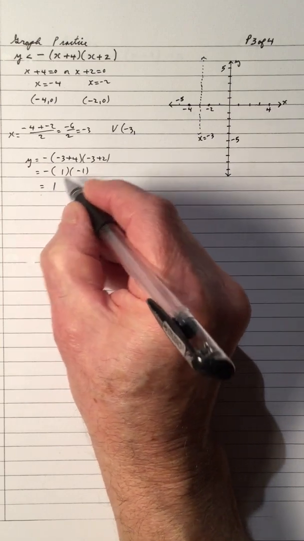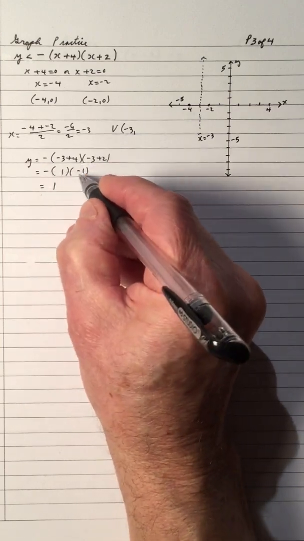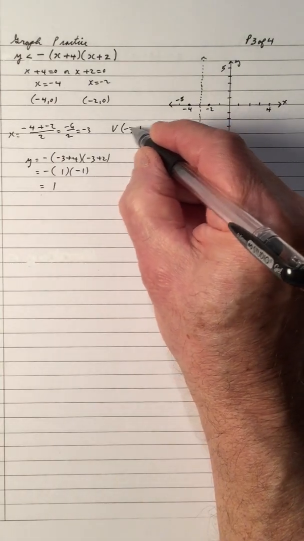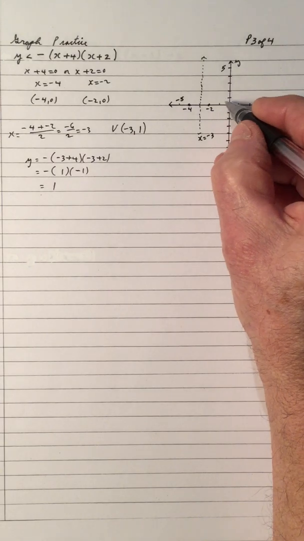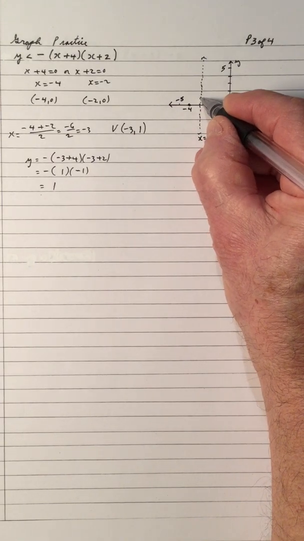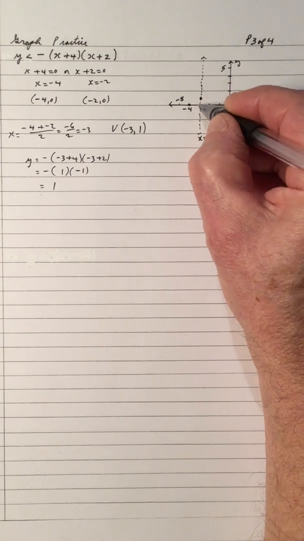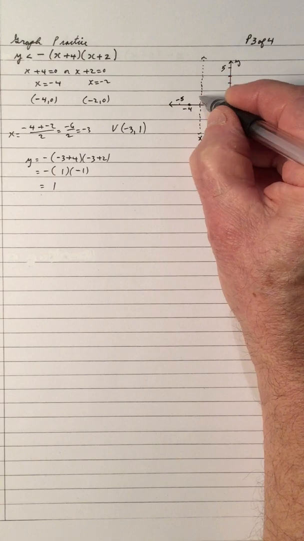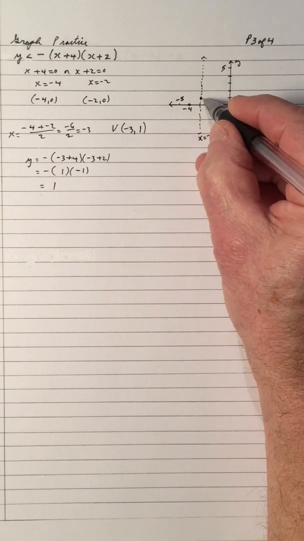So that's 1 when we multiply: negative 1 times negative 1 is 1. So the vertex is x is negative 3, y is 1. Note the vertex is up above these intercepts because it has to come down.